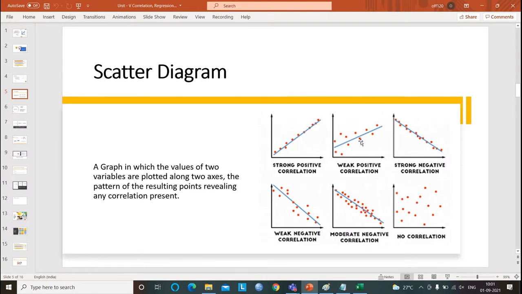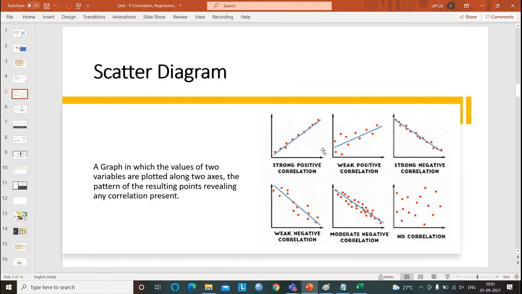Now, if there is any deviation of the points from the straight line, though the x values are increasing and the y values are also increasing, then we say it is also a positive correlation, but a weak positive correlation, weakly correlated.